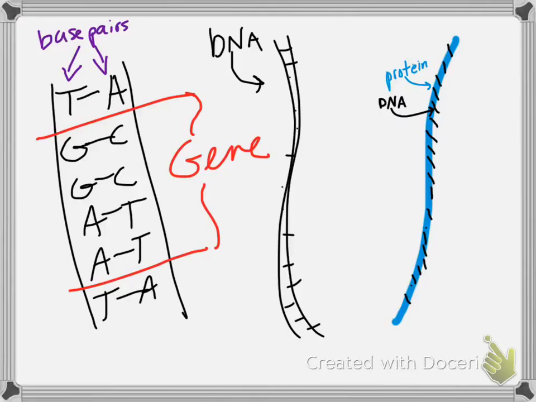You should be taking notes on this. And this entire structure, the DNA and the protein, okay, so we've got base pairs that make up the DNA, and little sections of that DNA are genes.